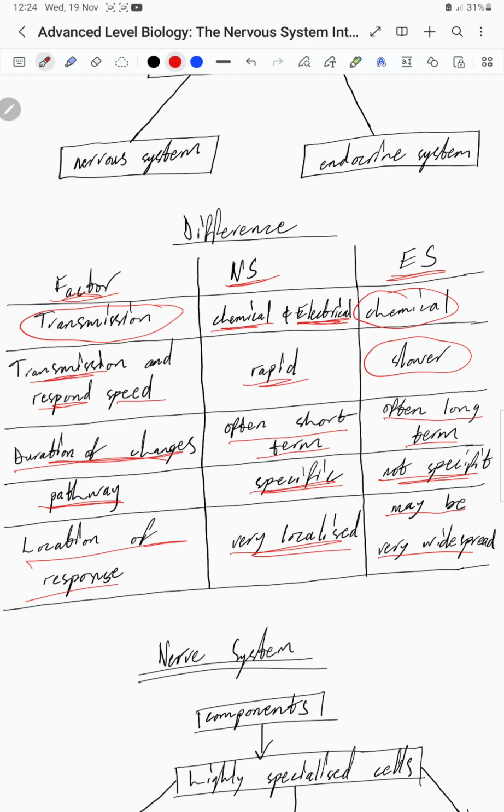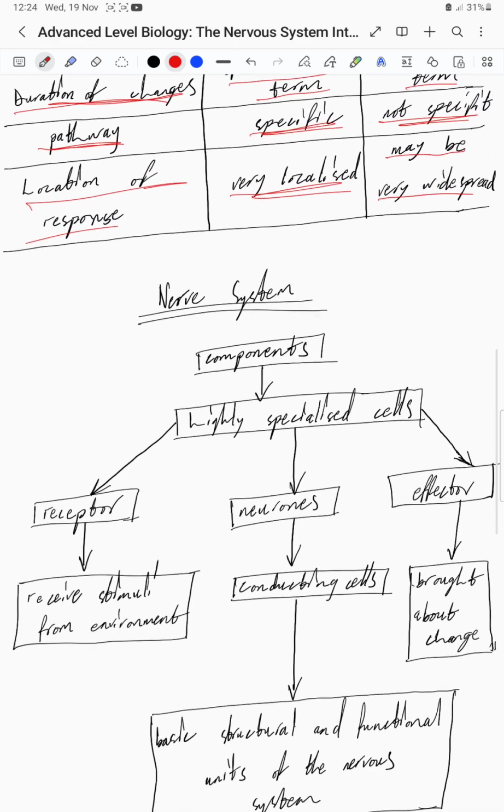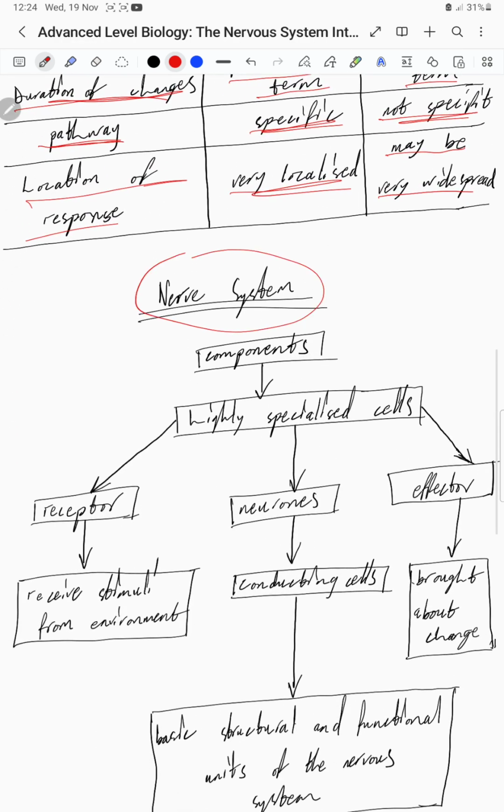So let's go on to the nervous system. Looking into the components, the nervous system is made up of highly specialized cells. These highly specialized cells include the receptors, the neurons, and the effectors.